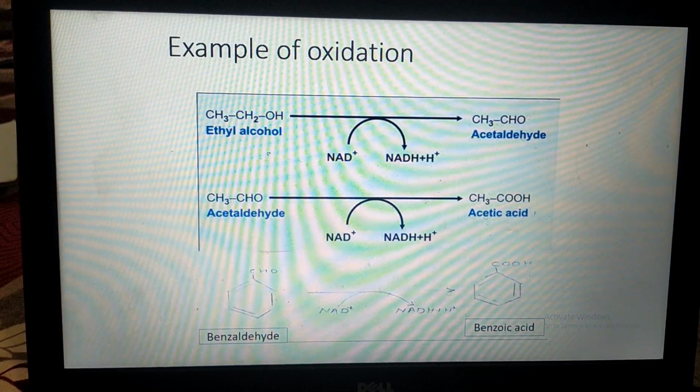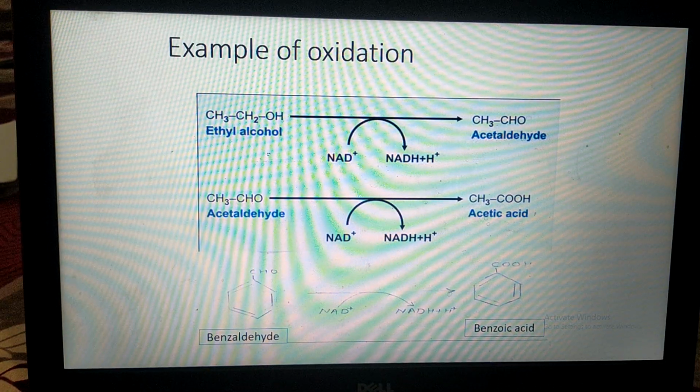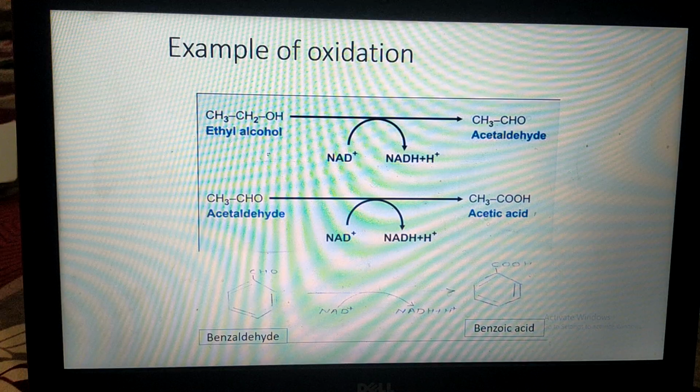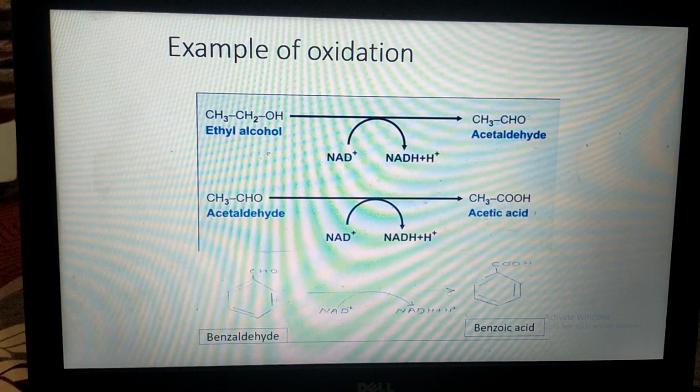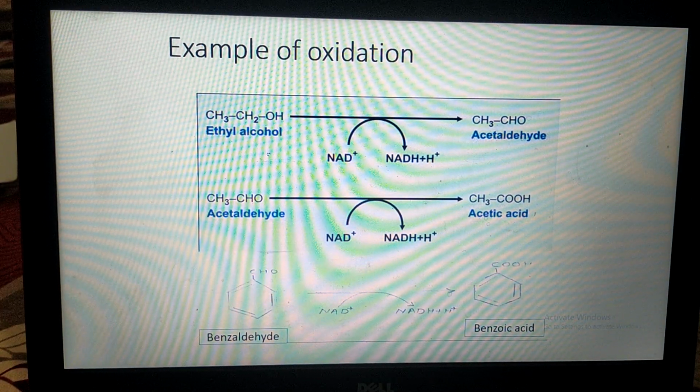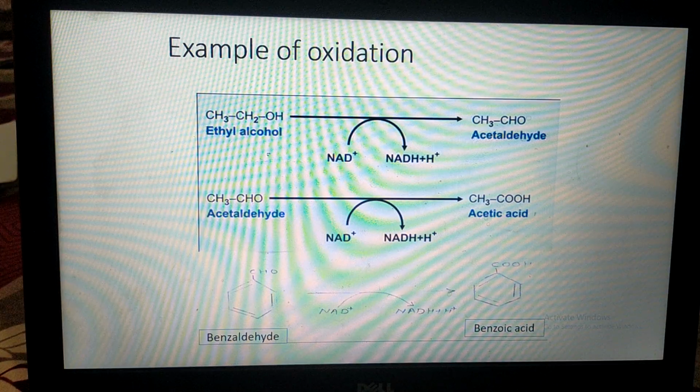So this is the example where ethyl alcohol is converted to acetaldehyde with the help of the enzyme alcohol dehydrogenase, and then acetaldehyde is converted to acetic acid with the help of the enzyme acetaldehyde dehydrogenase. Both these reactions require NAD as a coenzyme. Next, on the lower side I have given benzaldehyde, which is also converted to benzoic acid. So these are the examples of reactions in which they undergo detoxification by oxidation.